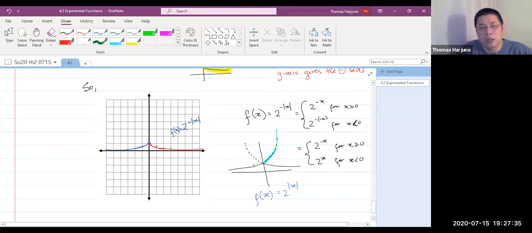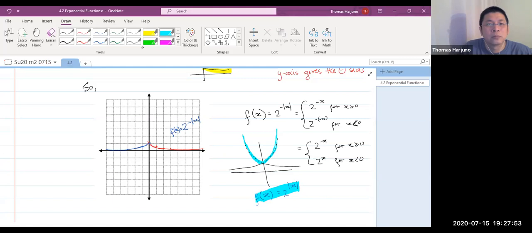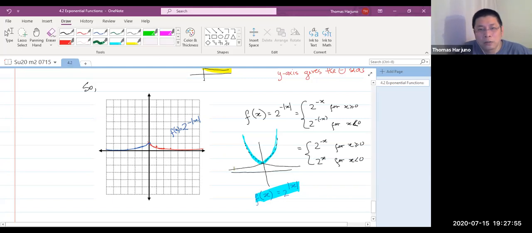When x is negative, then 2 to the absolute of x will give you the 2 to the negative x portion on the left-hand side. The yellow one here is 2 to the power of negative absolute of x.